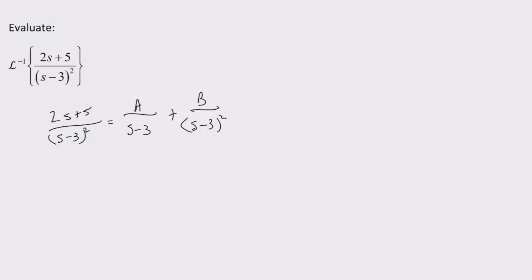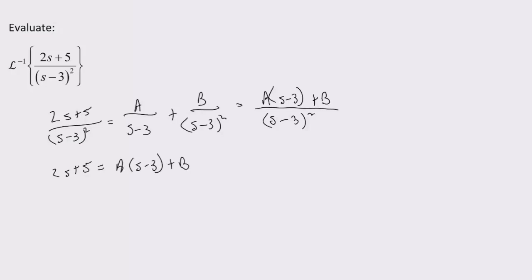Okay, so if you remember how partial fraction decomp works, I'm going to put it back over the common denominator and look at what happens to the numerator here. So that'd be a times what's missing, and it's missing an s minus 3, and b is missing absolutely nothing. So that then says that 2s plus 5 equals a times s minus 3 plus b.